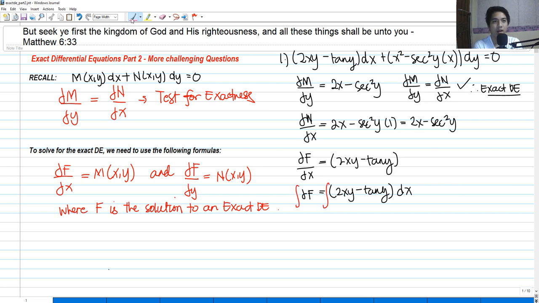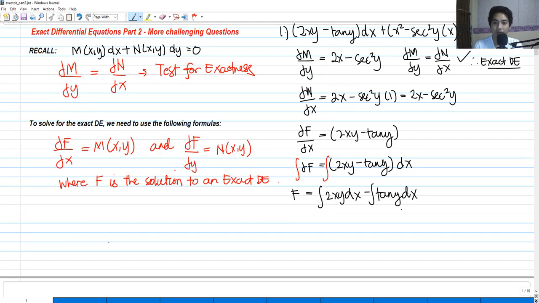Upon integrating the left side, that is the function f, and f is the solution to the exact DE. So we have the integral of 2xy dx minus the integral of tangent of y dx. We are integrating in terms of x, so y is considered a constant and we can move it outside of the integral sign.